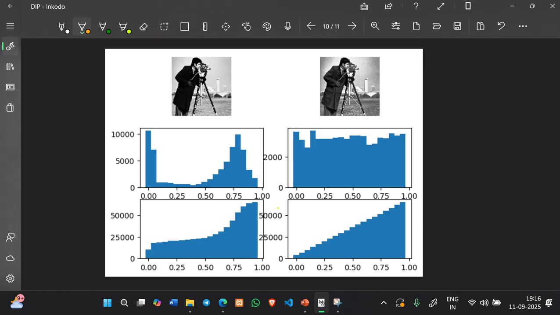So in the next video, we shall move into a more mathematical side of imaging, exploring a simple image formation model and understanding how illumination and reflection combine to form an image.